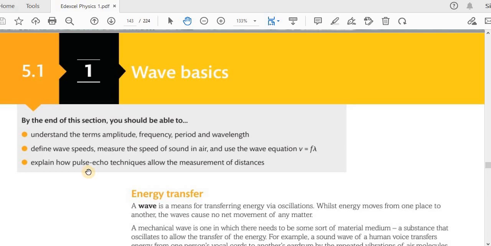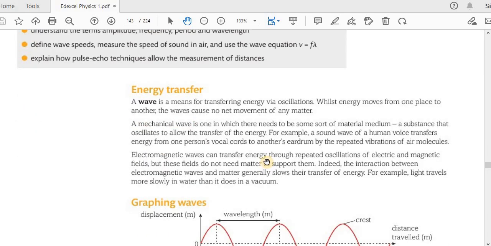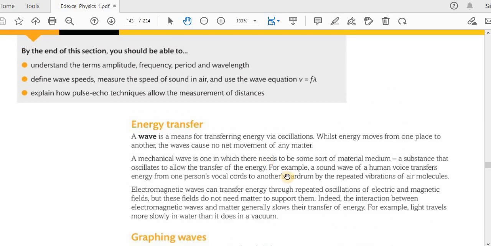Okay, so explain how pulse echo techniques allow the measurement of distances. We will see the details. If we know the speed of sound in a certain material, then we can use that and the time it takes for the sound to go and come back, and use the speed equals distance divided by time equation to find the distance.